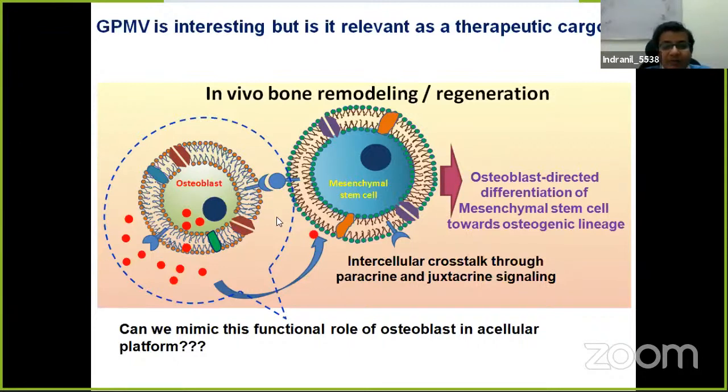What we thought was, what about looking for osteoblast-derived membrane vesicles and checking their therapeutic potential on the mesenchymal stem cell. In in vivo bone remodeling, osteoblasts interact with the mesenchymal stem cells through paracrine as well as juxtacrine signaling, and then these mesenchymal stem cells perform their role in regeneration.